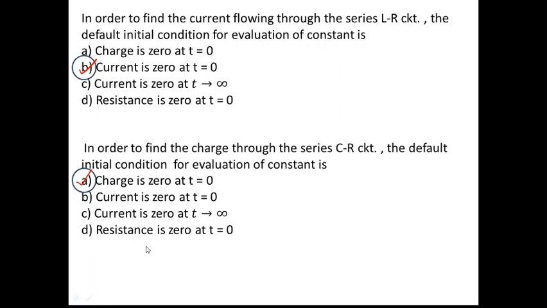I hope you found this video useful, not only to get the idea about the MCQ type question asked on this particular topic, but also to have complete insight on how to solve the example within the stipulated time.